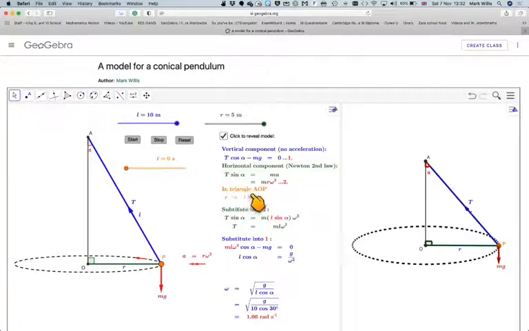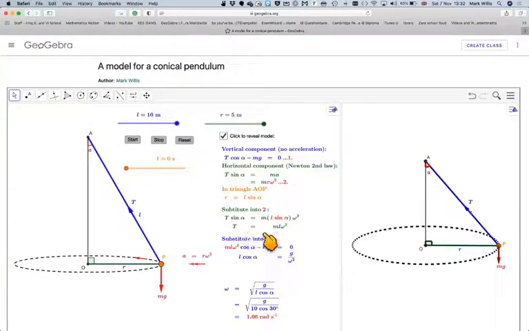In triangle AOP, sin alpha will be r over L. If you rearrange it, you get that r is L sin alpha. We substitute that into equation 2, then we get T sin alpha is equal to m, and instead of r we put L sin alpha omega squared.